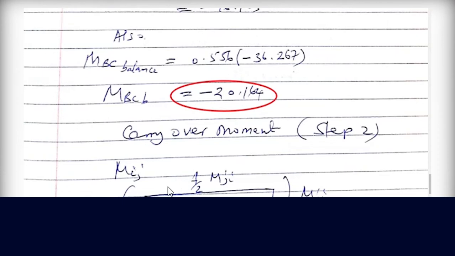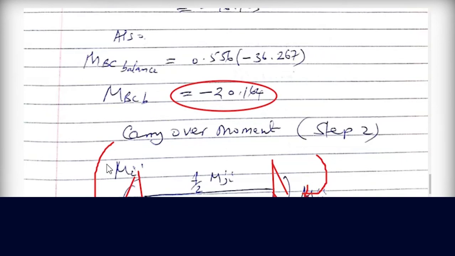So what will happen if we have a member which is fixed like this one, which has a certain fixity there, and the member has a certain moment distributed from the left, which is moment ij, and also the moment from the right, which is the moment ji.